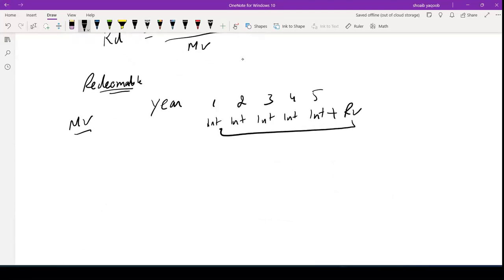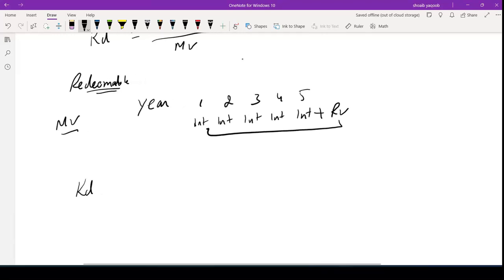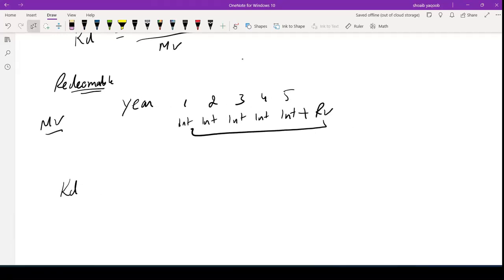But how to calculate the KD or YTM? KD is like the IRR of the bond. KD is like the cost for the company and required return for the investor. Required return will always be IRR. So how to calculate that?